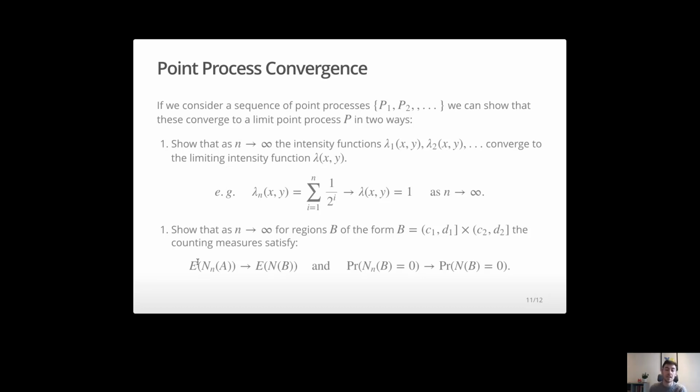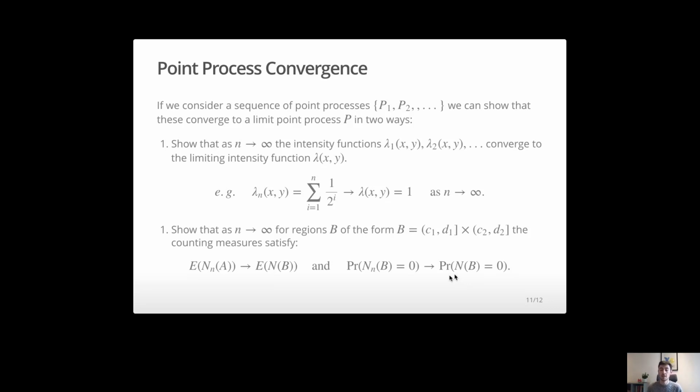We want the expected event count on B (sorry, this A should be a B) in the nth point process to converge to the expected event count in the limit process. We also want the probability that there are no events on B to converge to the limiting probability that there are no events on B.